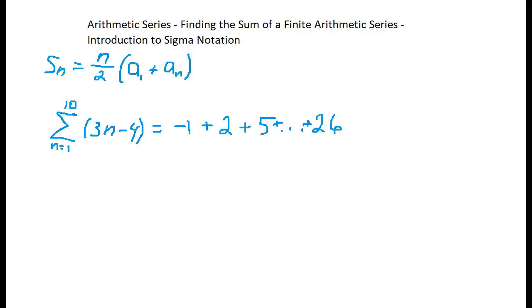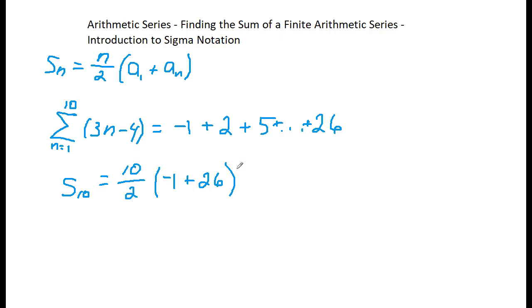So the sum of the first 10 terms uses my first term and my 10th term. Let's plug them in. The sum of the first 10 terms equals 10 divided by 2, times negative 1 plus 26. Now if I add negative 1 to 26, I get 25.